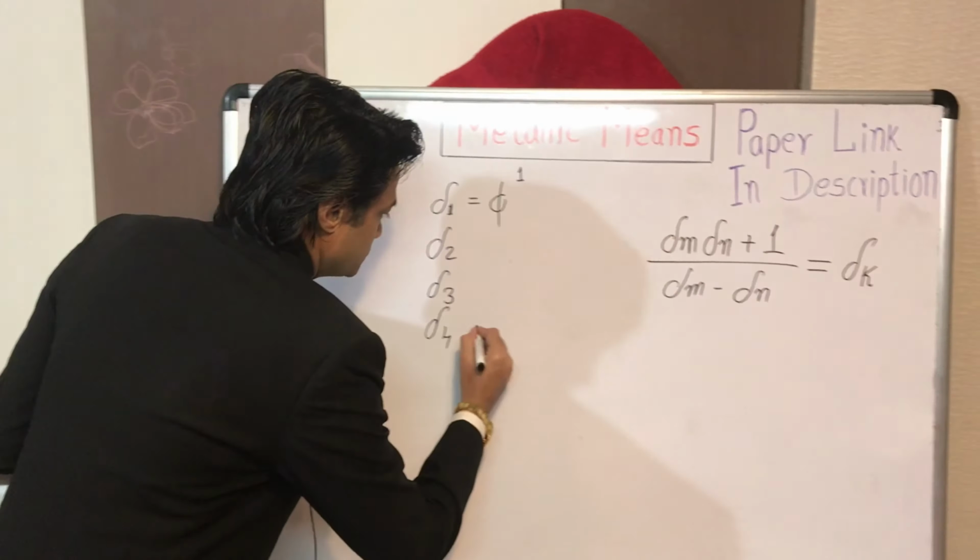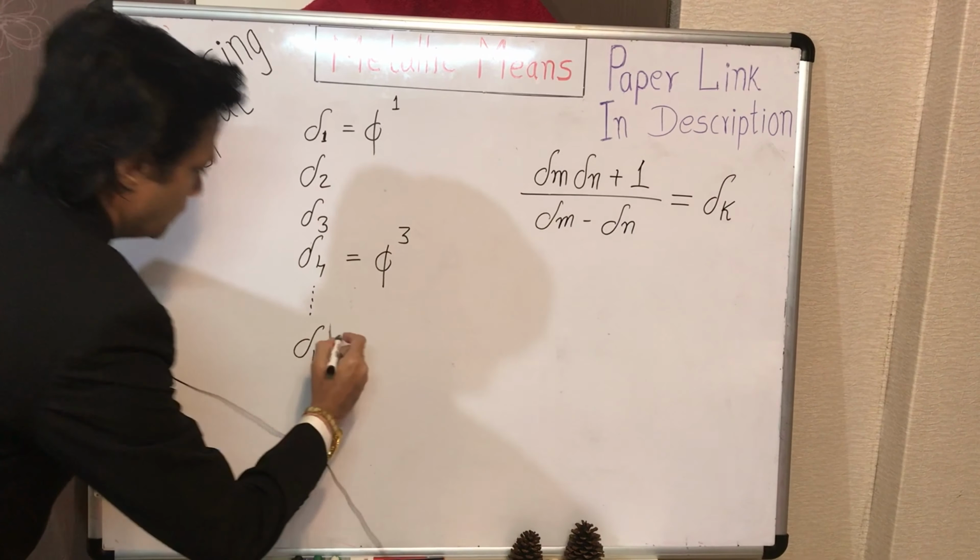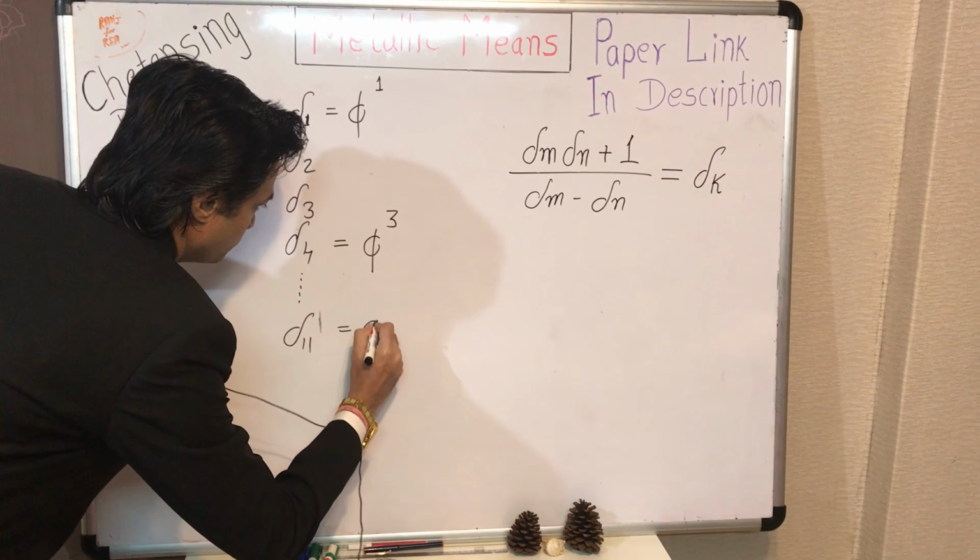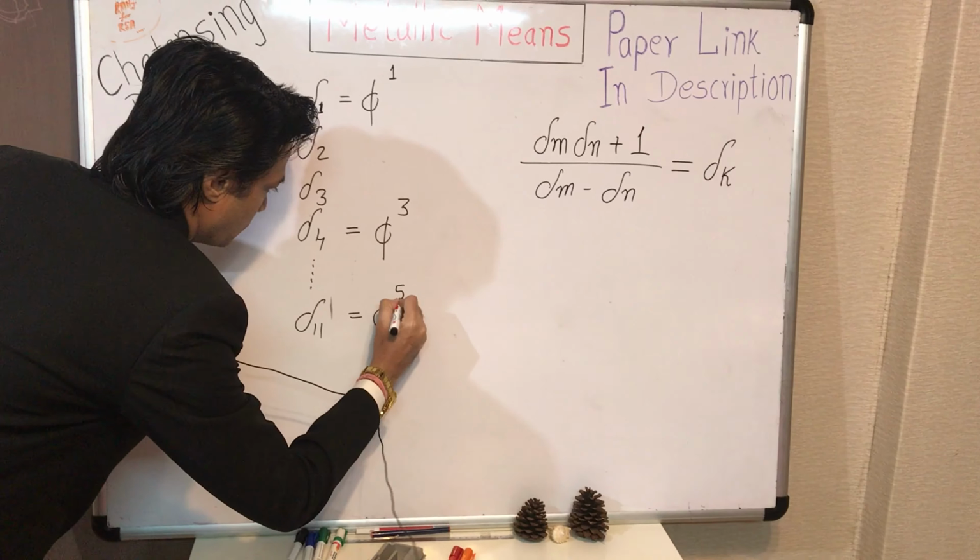Then the 11th metallic ratio precisely equals the fifth power of the golden ratio. Likewise, the 29th metallic mean is equal to the 7th power of the golden ratio, and so on.